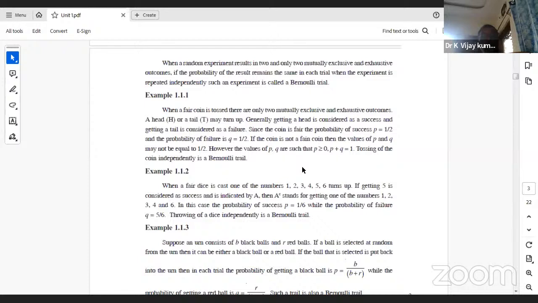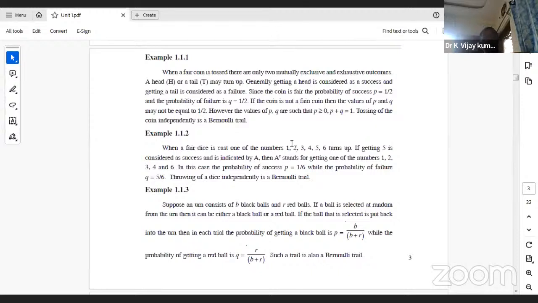In this case the probability of success is P equal to 1/6, while the probability of failure is 5/6. So rolling the dice independently is also a Bernoulli trial.